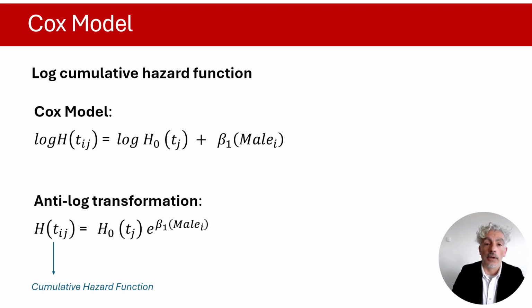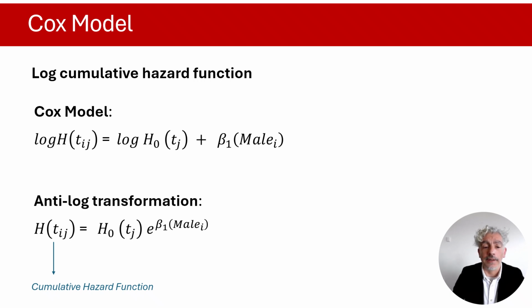So the effect of male will be constant, and its magnitude is represented by the beta coefficient. But when we express the model as cumulative hazard functions, the effect of male is not linear since it involves exponentiating the Euler's number and multiplication.